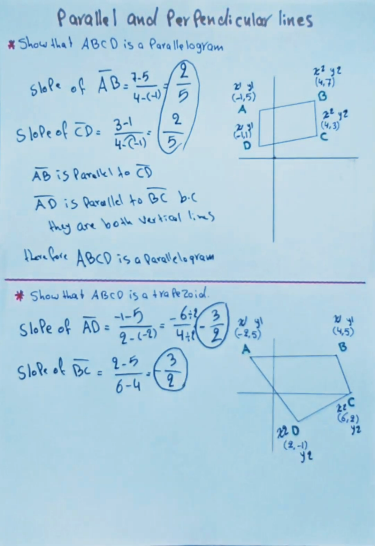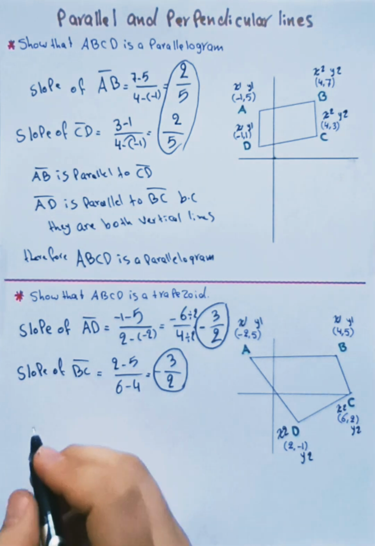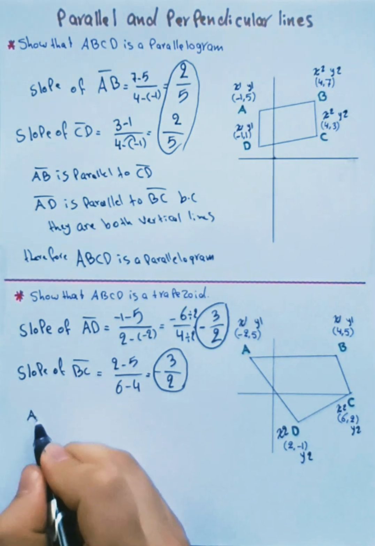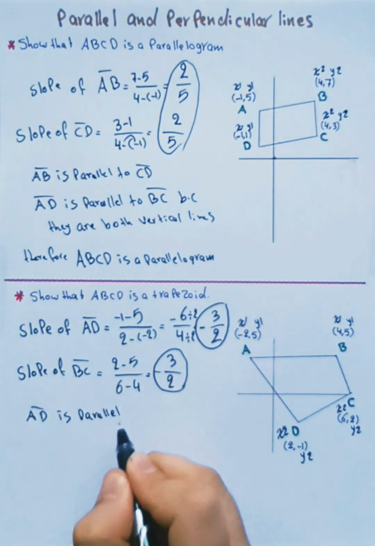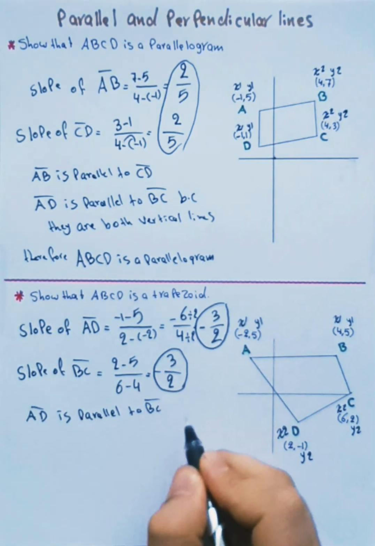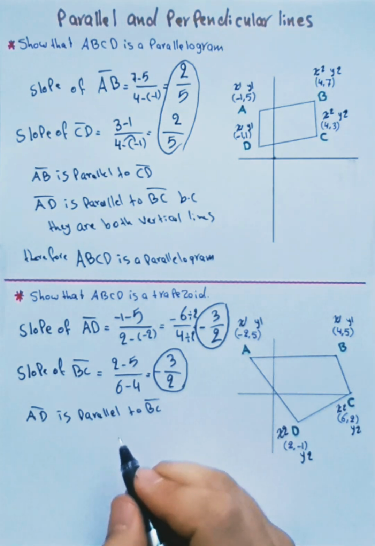So these two lines have the same slope, so we can say AD is parallel to BC because they have the same slope.